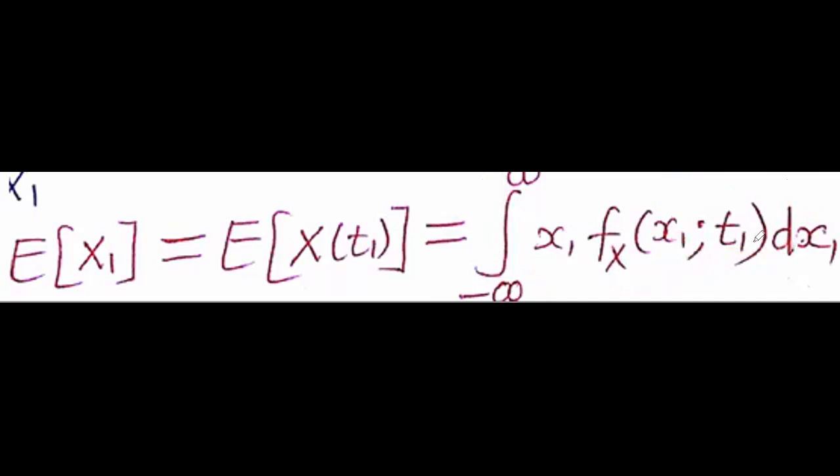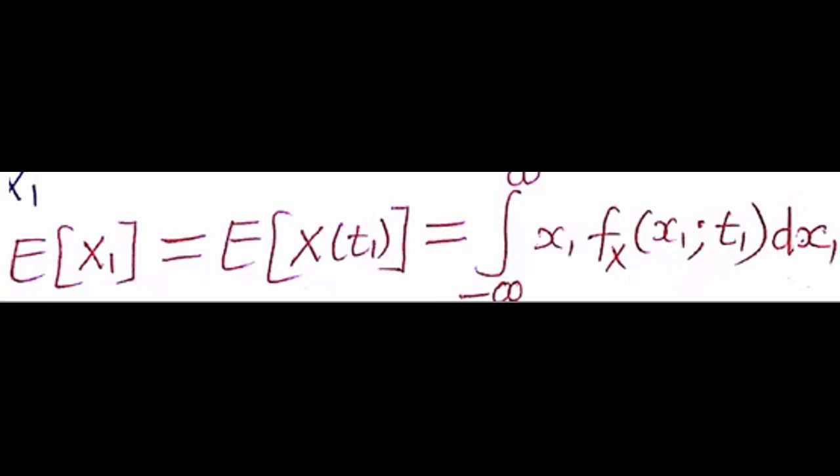So if you are going to consider the same one for the variable x2, then we have to replace these ones with 2. Here we have 1, and here also we have 1, and here also we have 1, because here we are calculating the equation for x1. And if you are going to consider the random variable 2, simply we are going to replace the notation 1 with 2.